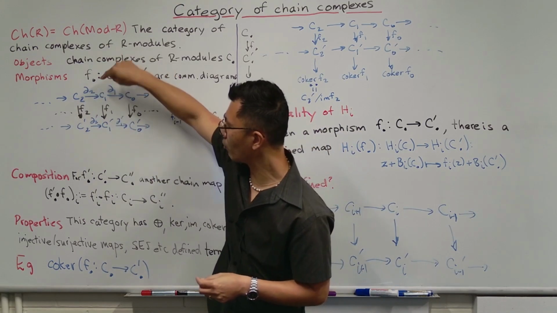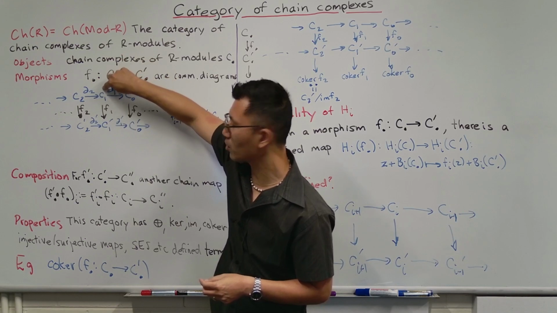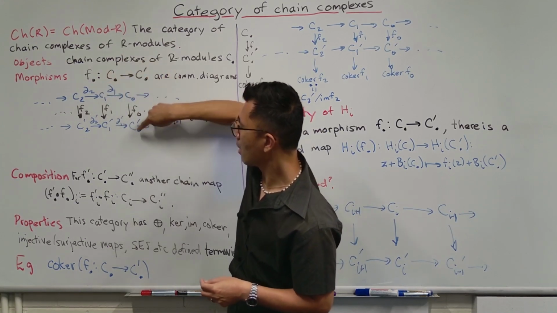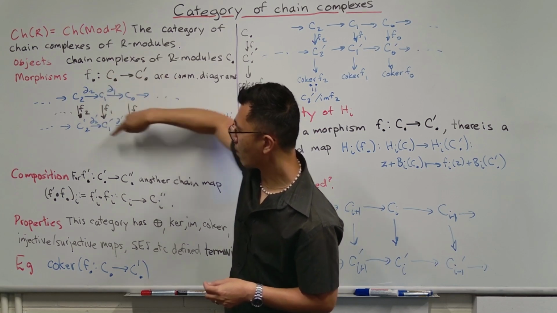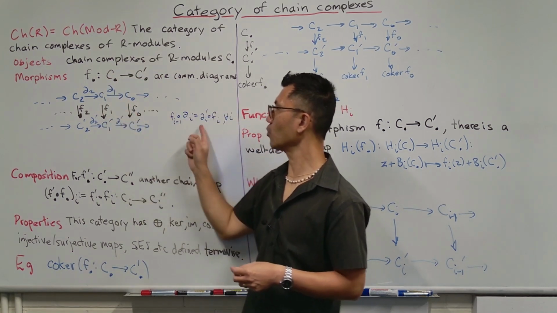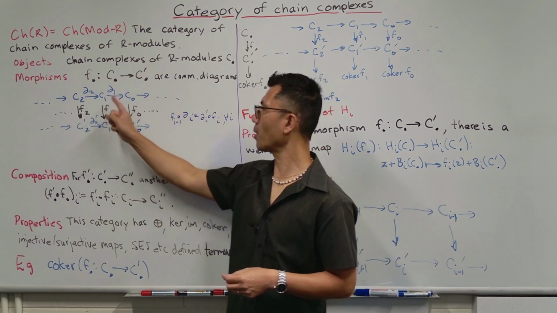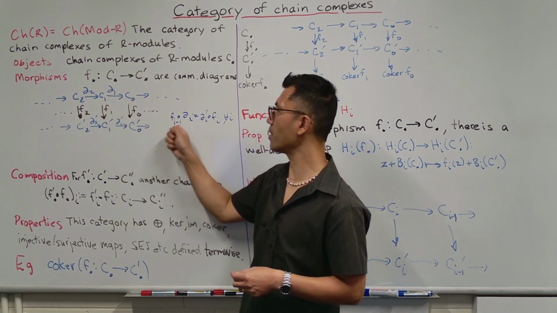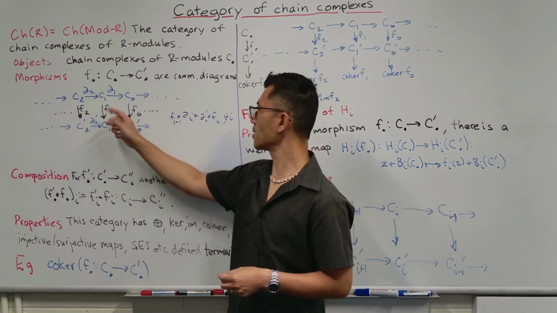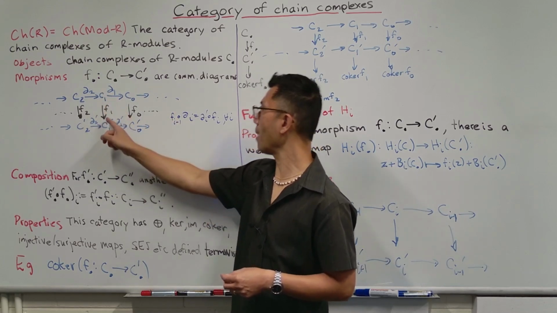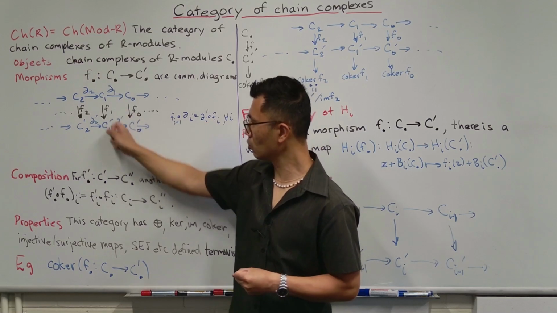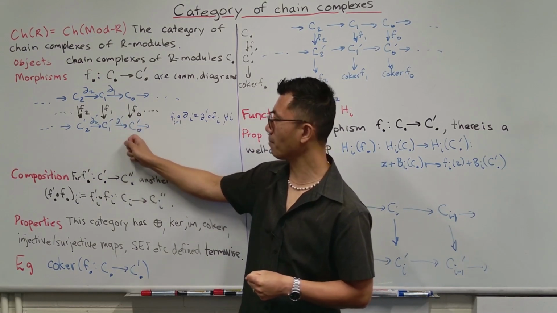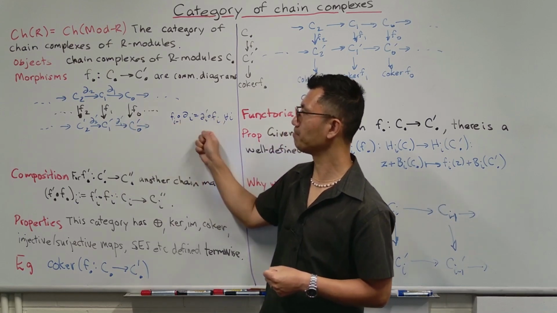If you start, for example, at any position along the top, say for example here, and you go around this way, that map is the same as going around the bottom way. In other words, if you go in the ith slot and apply a d_i, so for example here this will be d1, and then f_0, so d_i and then f_{i-1}, that's the same as if you just apply this vertical map f_i first, and then use the differential on the prime complex C prime, that's a d_i prime.